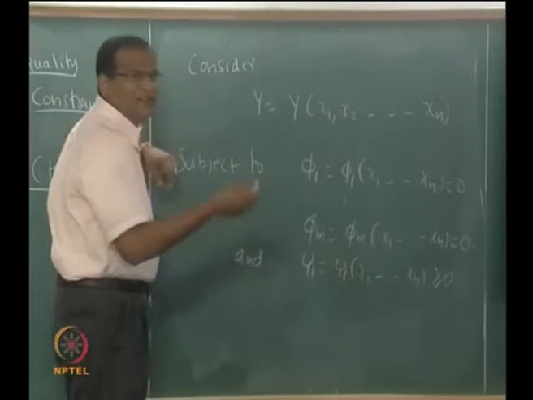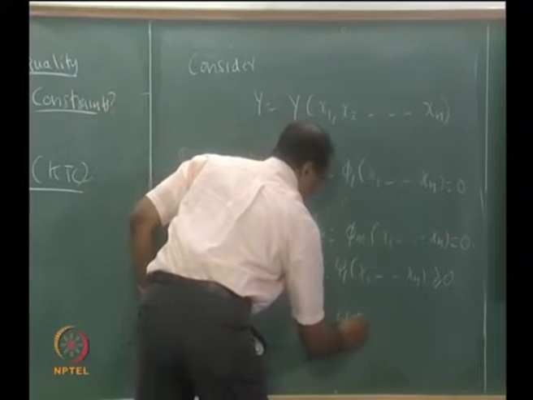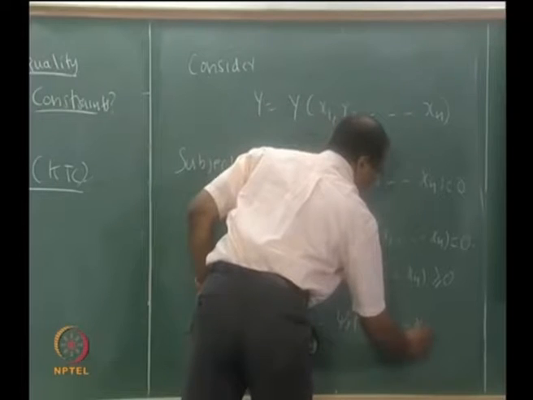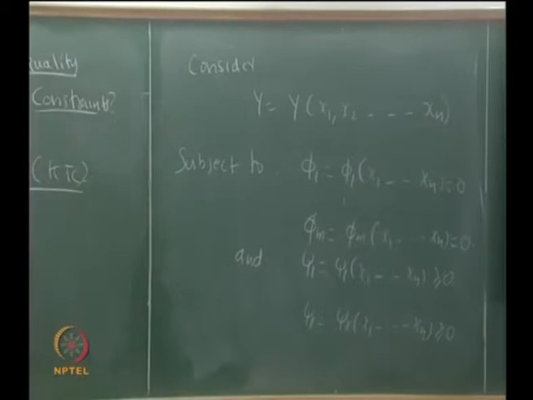All these are now psi 1 to psi r, where psi's are the inequality constraints.